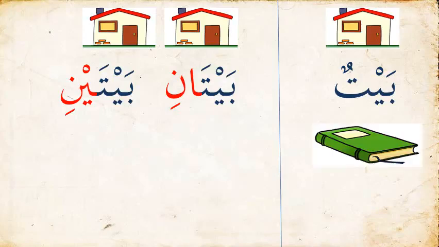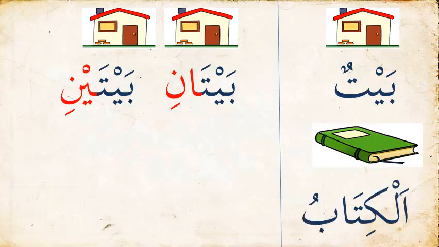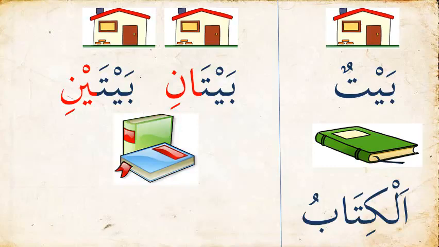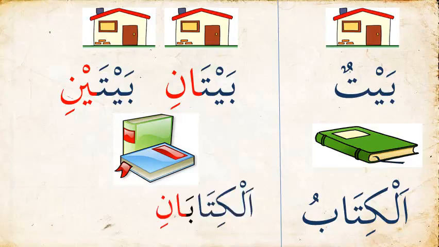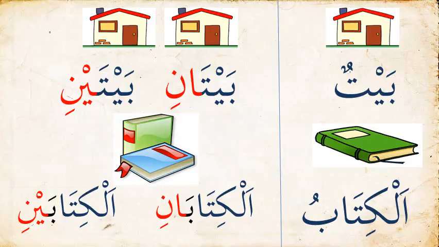For another example, we have a book in Arabic. It's called al-kitab. Let's use the book, al-kitab. Now I want to say the two books. Again, the same process. I will add ani or aini, so it will become al-kitabani or al-kitabaini. Both of those words mean two books.